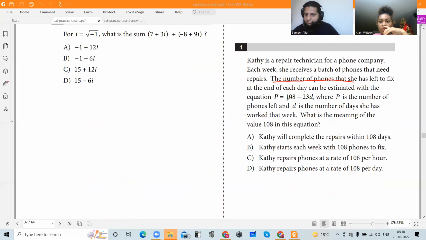Maybe 108, maybe 23, is the number that she has left to fix, or is that the amount? The amount of phones is 108. First, read it from this point till the end once again.